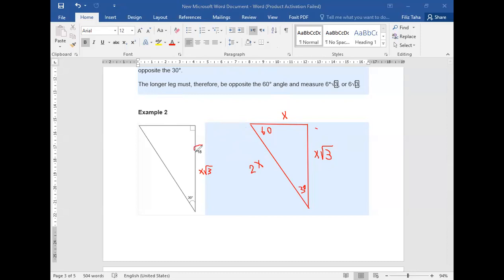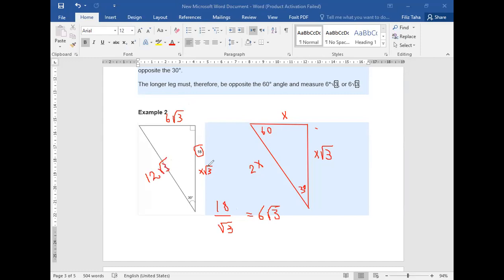Then I'm going to take 18 divided by root 3. Then the answer will be equal to 6 root 3. Then this side will be 6 root 3. Now I have the side opposite to 30 degrees. We will multiply by 2, so this side will be 12 root 3.